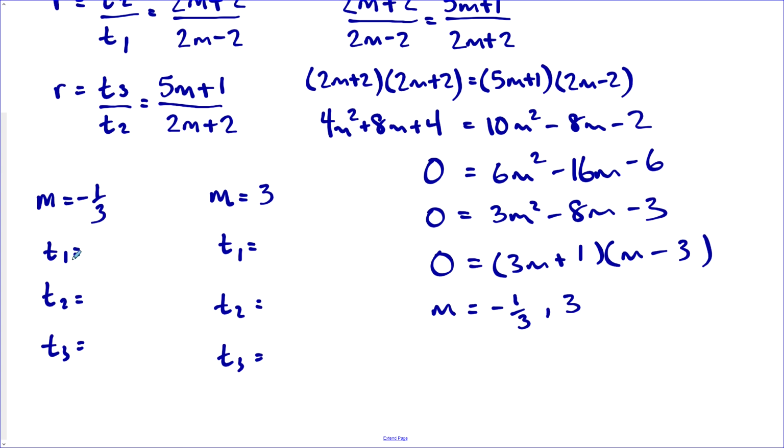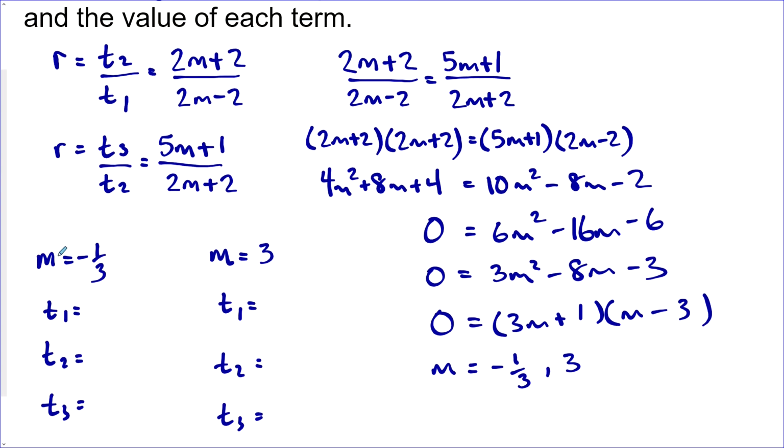Okay, so t1, if you look back up here, t1 was equal to 2m minus 2. And if m is negative 1/3, and we put that in here, then we get negative 8 over 3. We get 4 over 3 and negative 2 over 3.